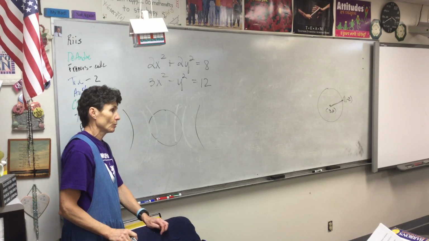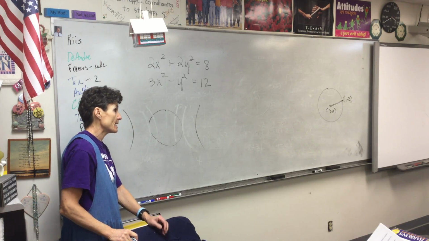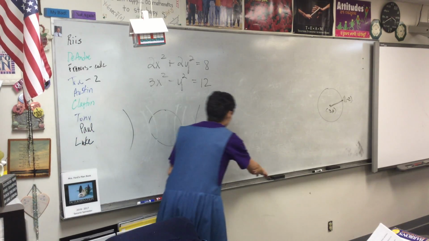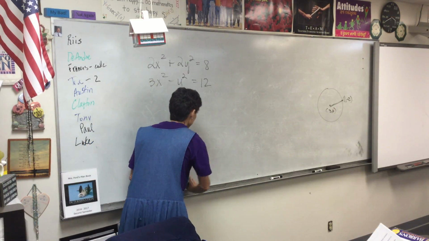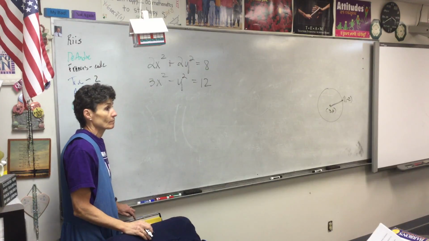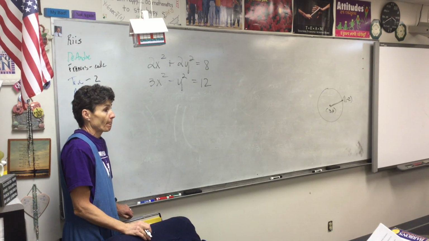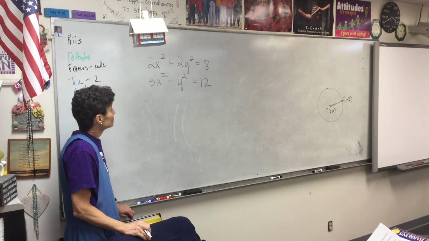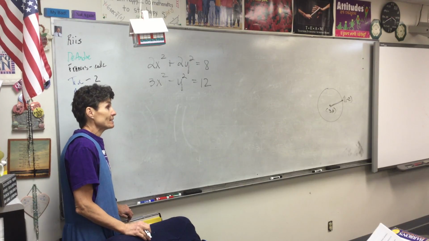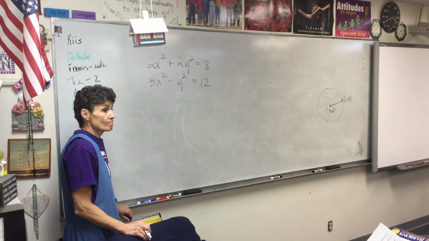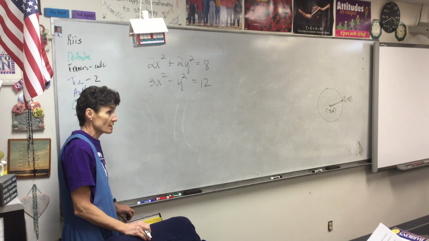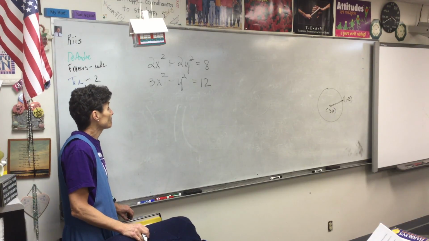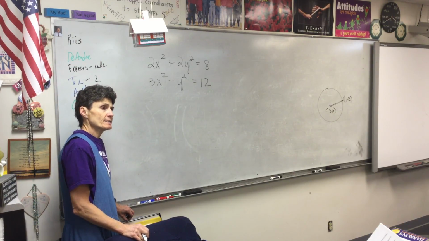So how in the world are we going to figure this out? Any ideas on how we might figure out how many points of intersection we're going to have? Graphing is an option. It's not a very accurate option unless we're graphing in our calculators, and then we can use our intersect feature.